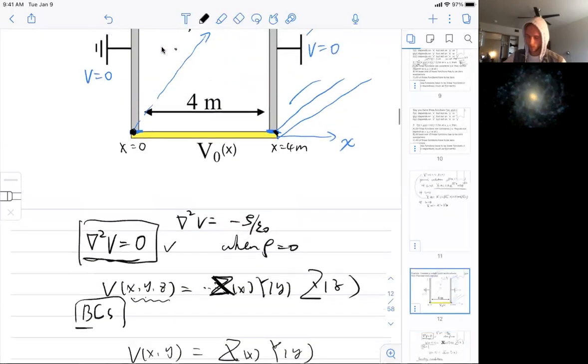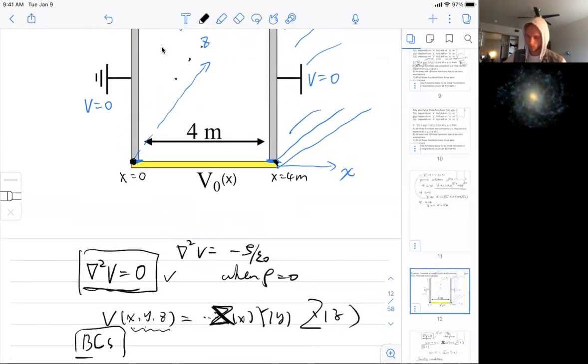And is there anything else? The one on the bottom is kept at some V naught, some kind of function. Here V naught doesn't mean it's a constant V. It's just a known quantity. This is a known function of x.